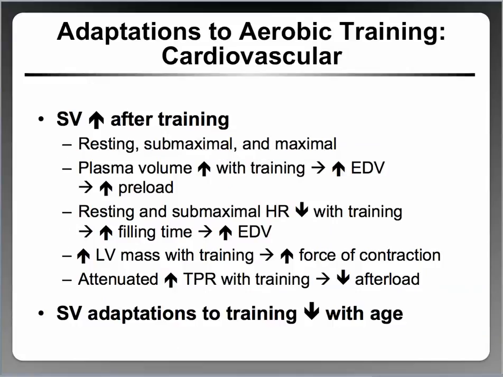So probably one of the biggest changes, adaptations that occurs with endurance training is what happens to stroke volume. And stroke volume increases after you endurance train. It increases at all conditions. So resting stroke volume increases, submaximal stroke volume increases, and maximal exertion exercise also results in an increase in stroke volume.